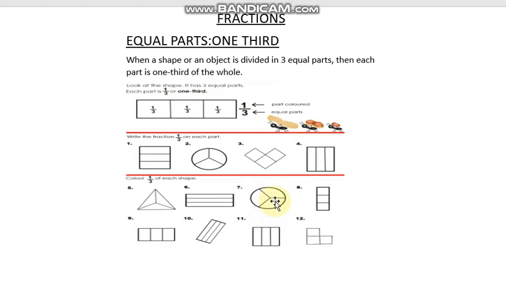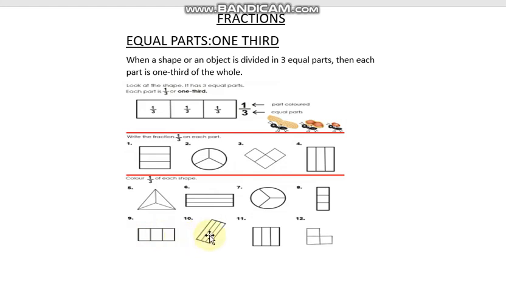If you color only any part out of these three, then it will show the fraction of 1/3. In each of these cases also, it is divided into three equal parts, and you color any part out of these three and write 1/3 with it.